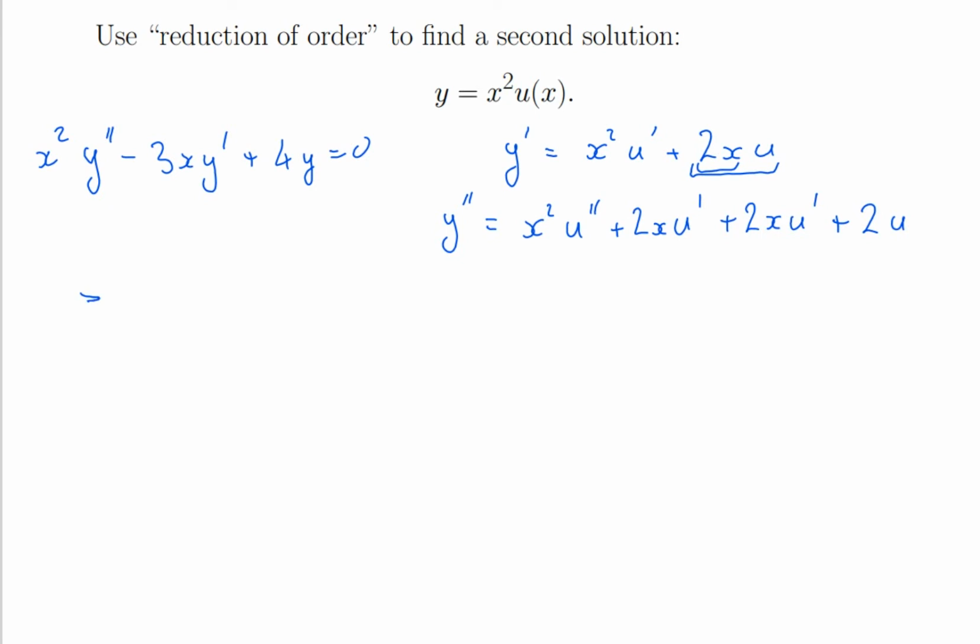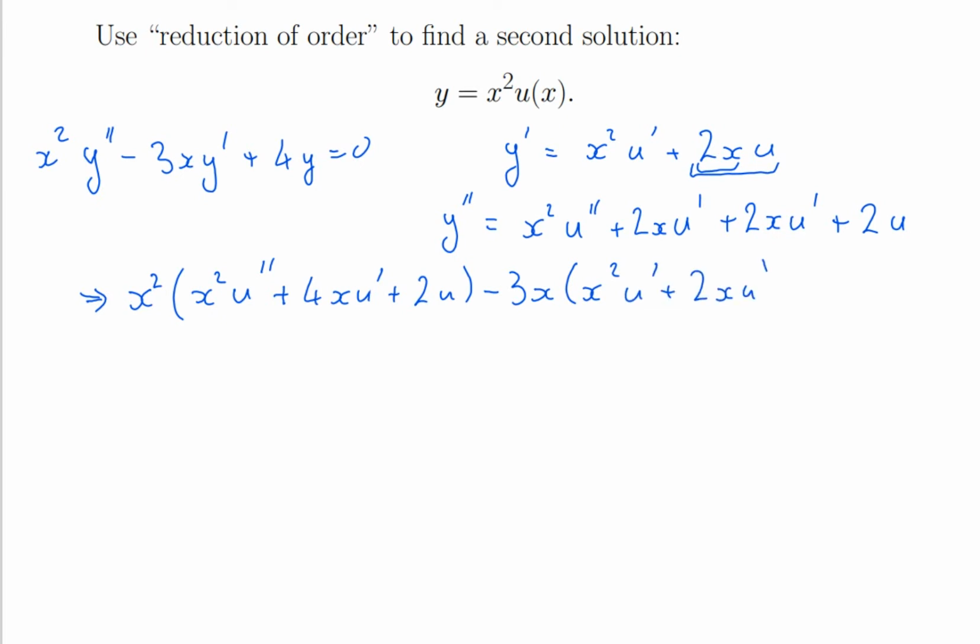Substitute in, and I get x squared times y double prime, well that is x squared times x squared u double prime plus 4x u prime plus 2u, minus 3x times y prime, which is x squared u prime plus 2xu, plus 4y, which is 4x squared u, whole thing equal to 0.